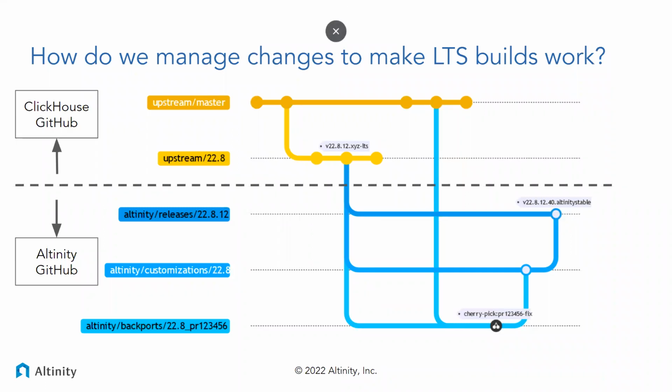We create a pre-release PR to the customizations branch to see that everything works nice. And once we have accumulated everything we want for the next release, we create a PR from customizations to the release branch to see how it actually goes.